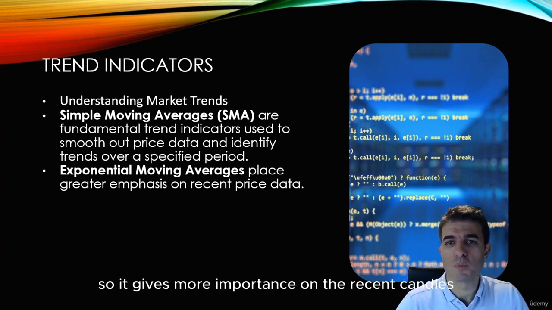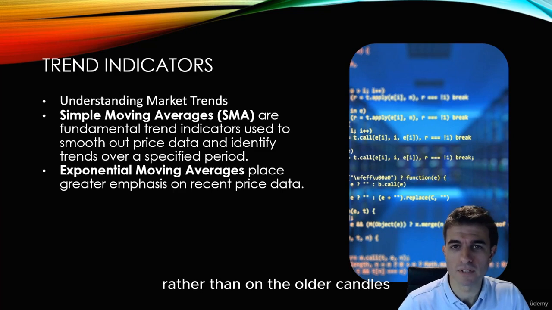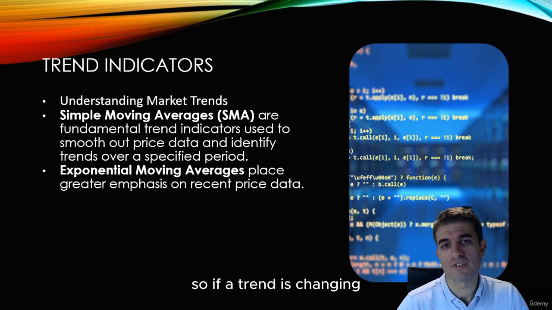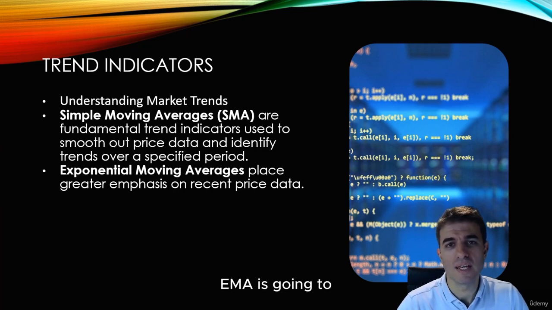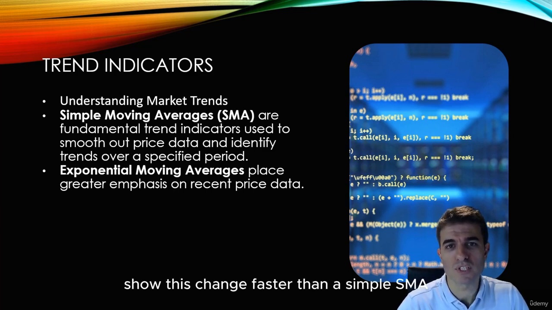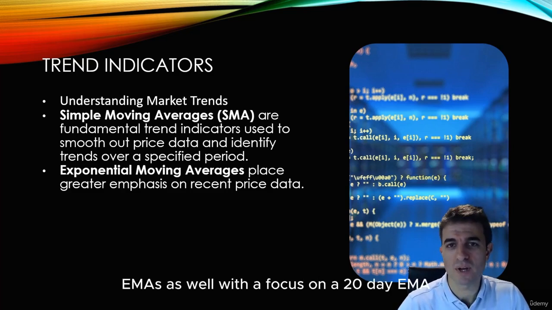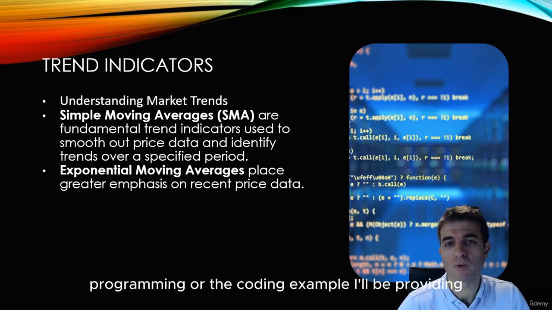It gives more importance to the recent candles rather than the older candles, making them more responsive to trend changes. So if a trend is changing, the EMA is going to show this change faster than a simple SMA. We'll calculate and interpret EMAs as well, with a focus on a 20-day EMA, also in the coding example I'll be providing.